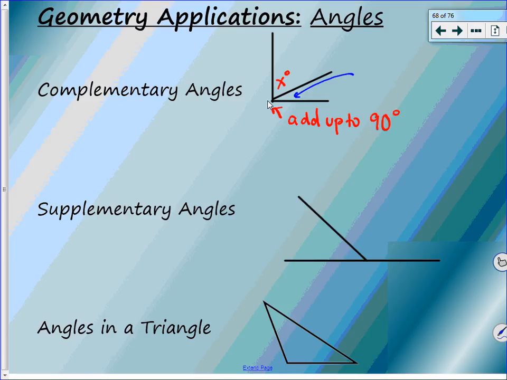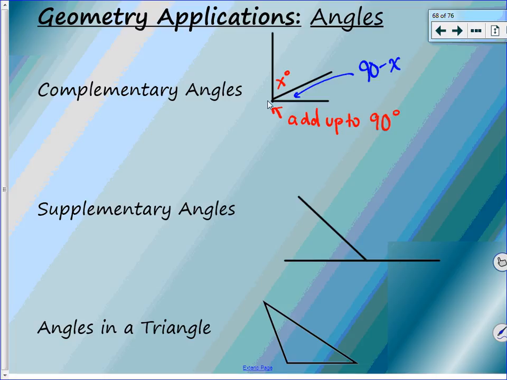So let's say x is 30 degrees. How would you find the other one? Now, would it be x minus 90? In other words, 30 minus 90? Or it's the other way around. Yeah. So this would be 90 minus x.